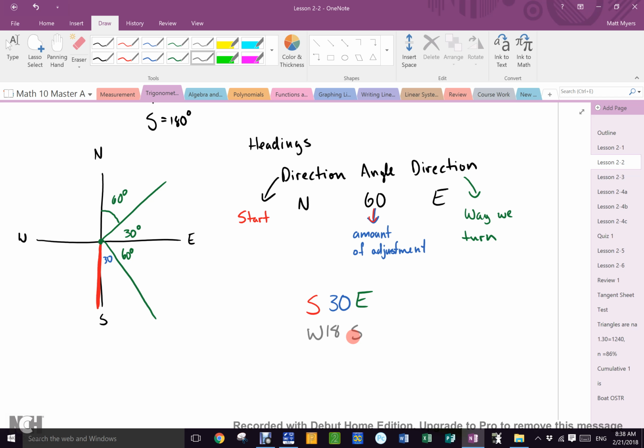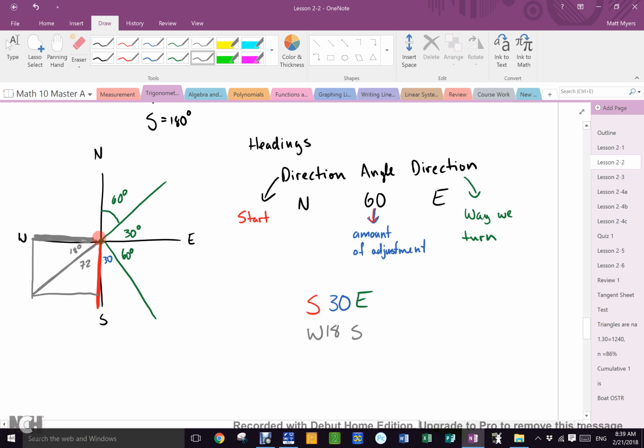Which way is west? Straight out here. West. I adjusted 18 degrees. Which direction? Up or down? Down. So if this is 18 degrees, then I could do trig with that triangle. What does that make this in here? 72. And I could do trig with that triangle.